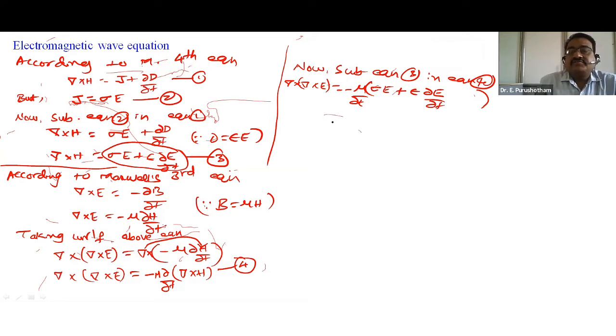So this is equal to minus mu sigma dou E by dou T, minus mu epsilon dou square E by dou T square.